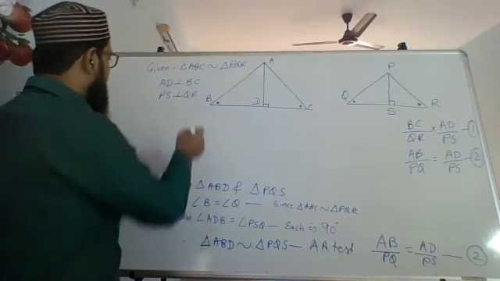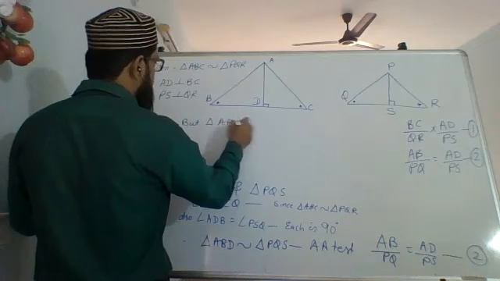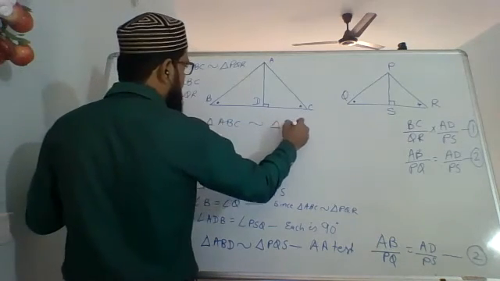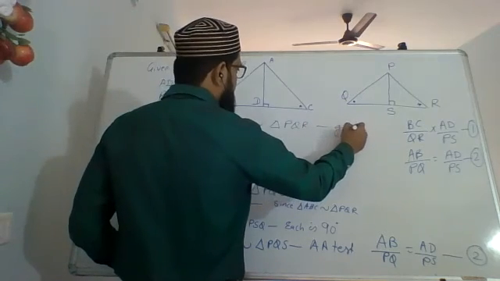Now, we are given that triangle ABC is similar to triangle PQR. This is given.